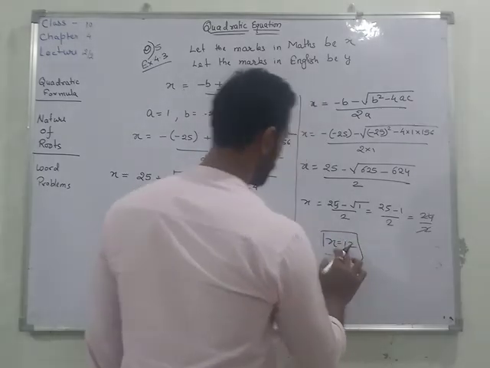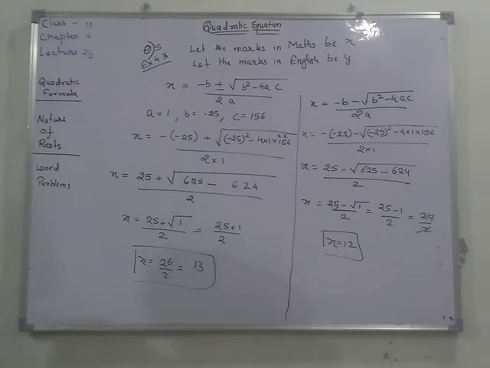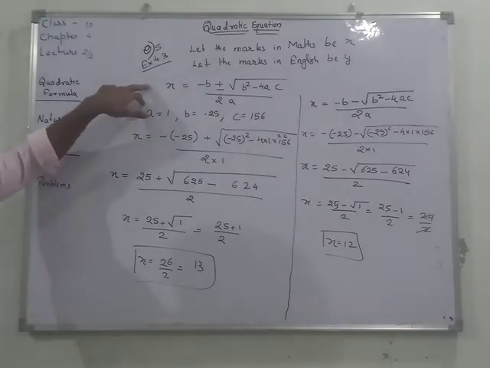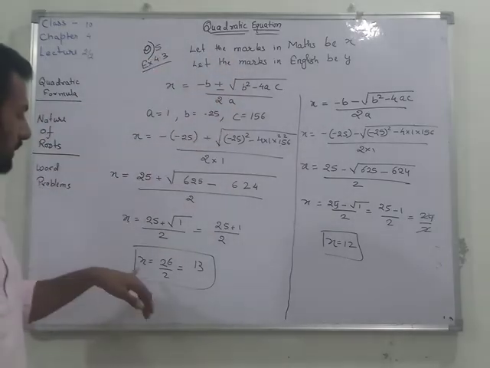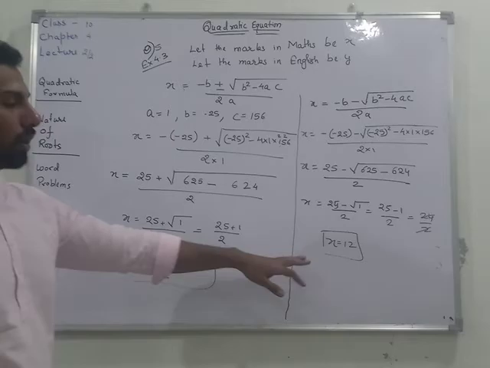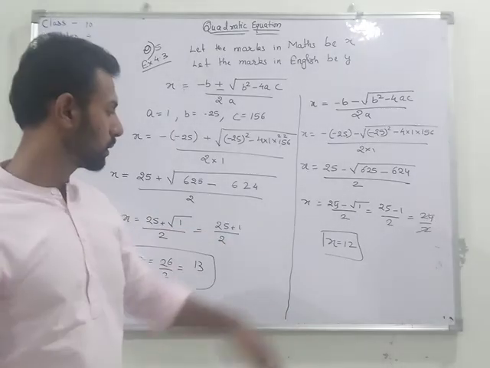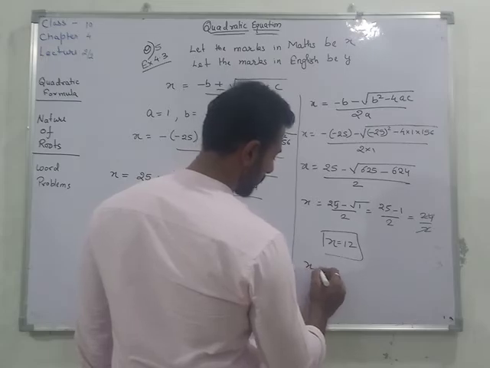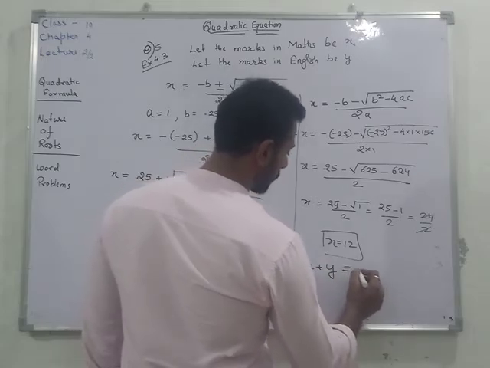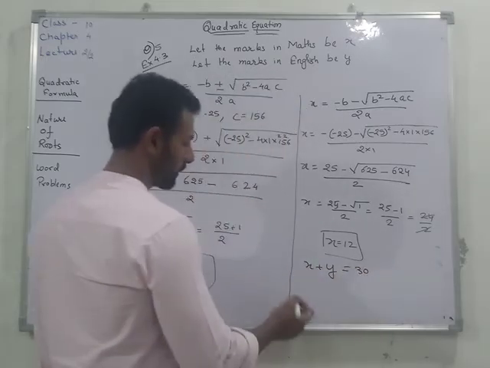So x is equal to 12 and x is equal to 13 are the two values. Means in mathematics she can get x equal to 13 or x equal to 12. Now in the given condition, the sum of the marks was x plus y is equal to 30.